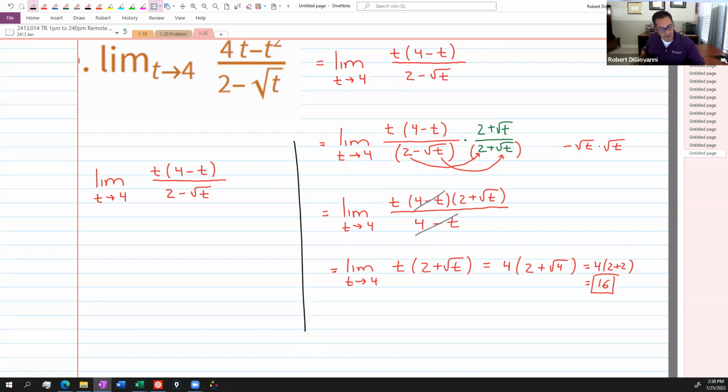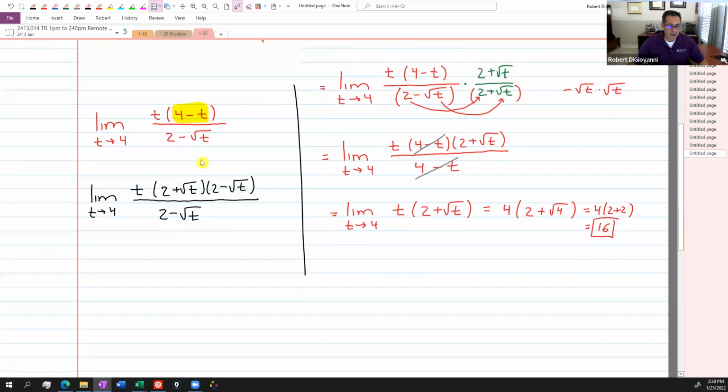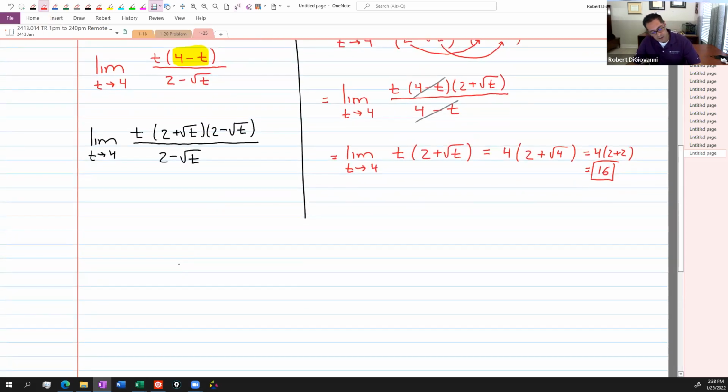I want to show you something else, another way of doing it. Actually, the way I would do it. This is not wrong. It worked. Okay, but watch this. Very unnatural move right there. What I did was I took the 4 minus t and I treated it like a difference of squares. The difference of squares formula says this: a squared minus b squared is a plus b times a minus b.